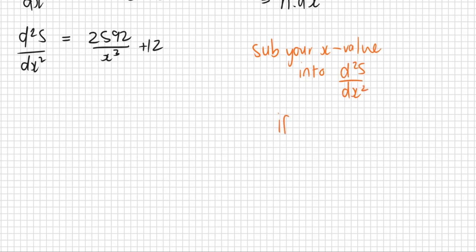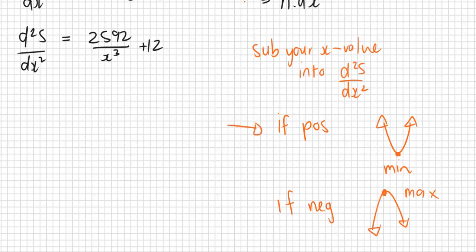And if the second derivative is positive, then your curve would look like this, smiley face for positive. Then we have a min value. And if your second derivative is negative, then we would have a max value. So for min value, we want it to be positive.